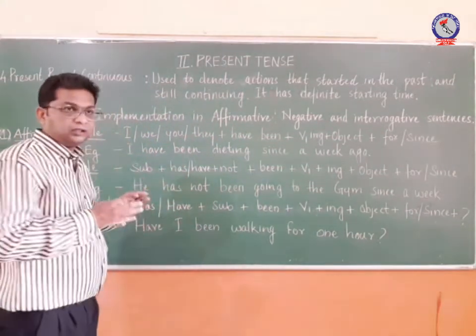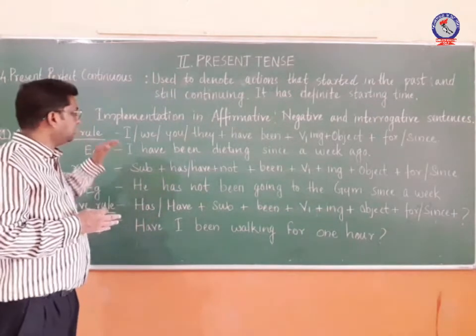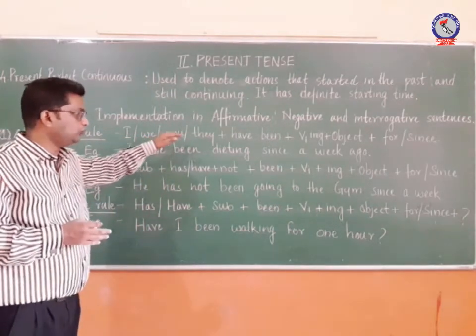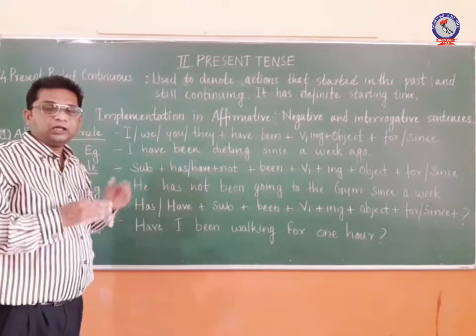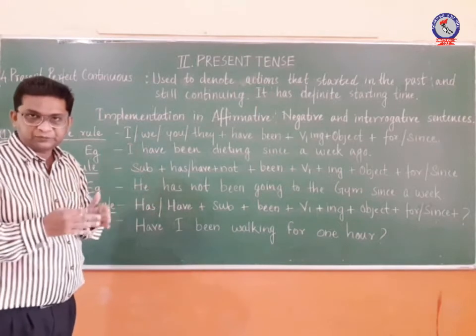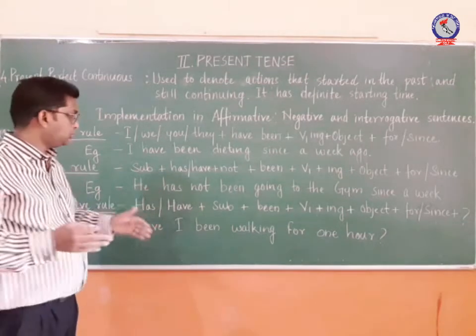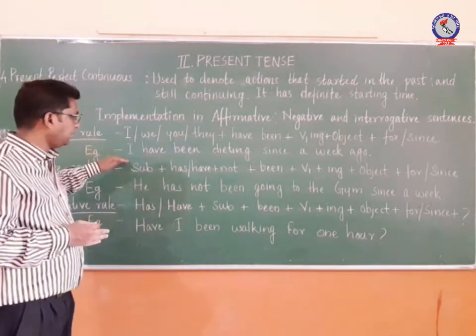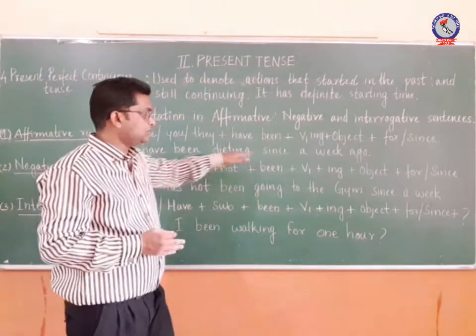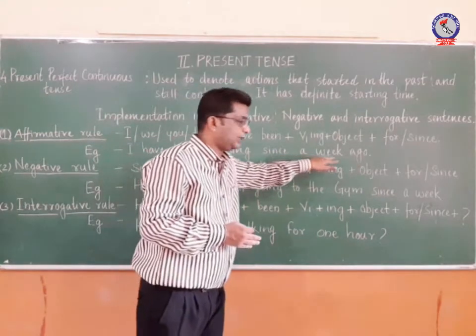Now, as I told you earlier, we will put these terms I, we, you, they according to the person: first person, second person or third person. So, I have been dieting since a week ago.